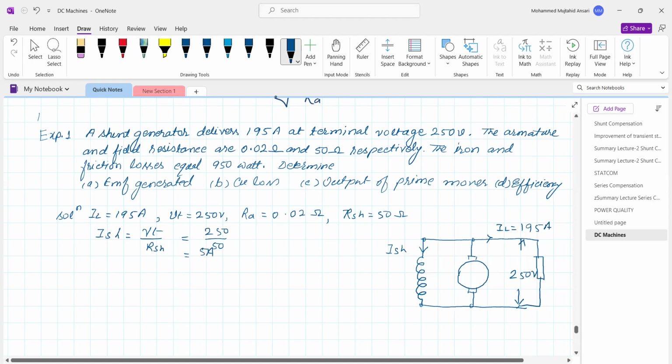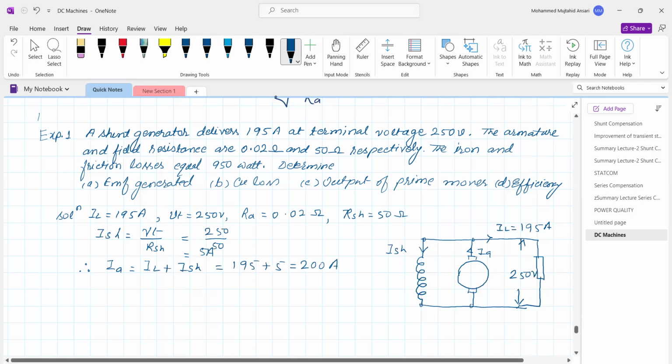Therefore the armature current IA is equal to IL plus ISH, which is equal to 195 plus 5 equals 200 ampere.